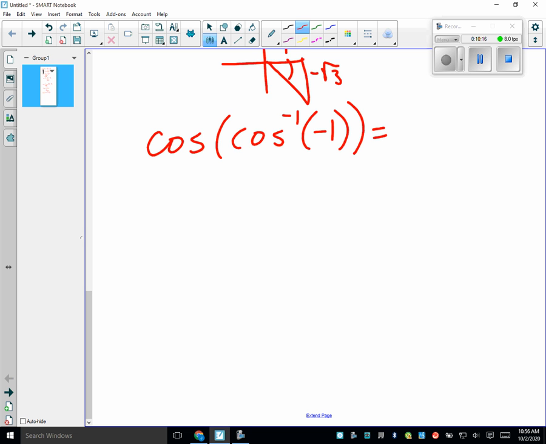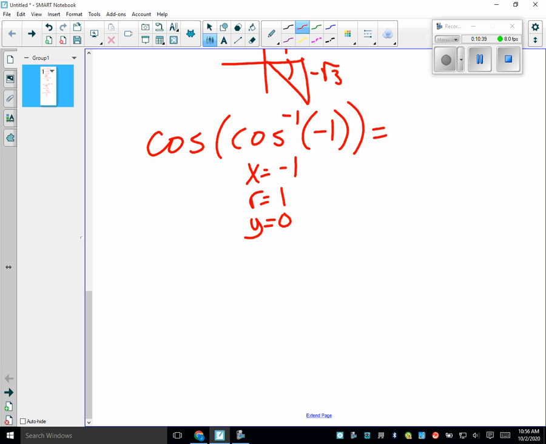So guess what? That's on an axis. What is cosine in terms of letters? Oh, it's X over R. So is X -1 and R 1? Yeah. What is Y? 0.